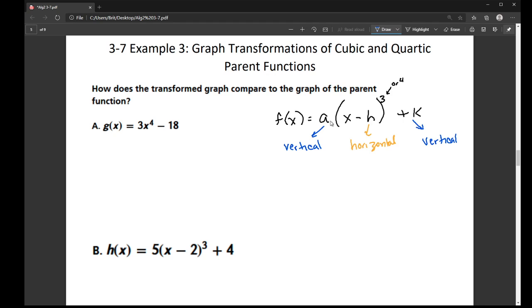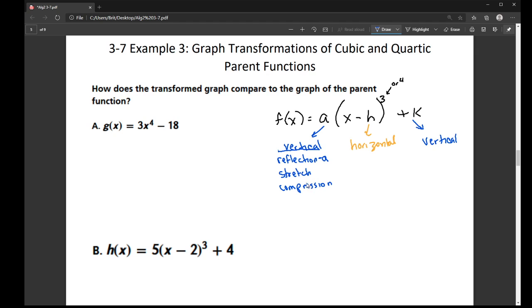Now, if you're multiplying, which we're seeing here with the a, you're going to have 3 things happen. You could have a reflection, a stretch, or a compression. So you have a reflection if a is negative. All right, so if there's a minus out here, it's a reflection.